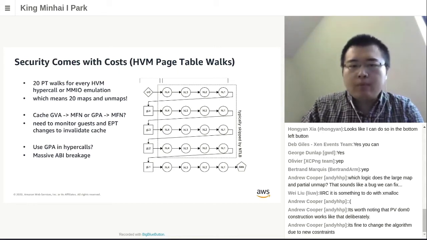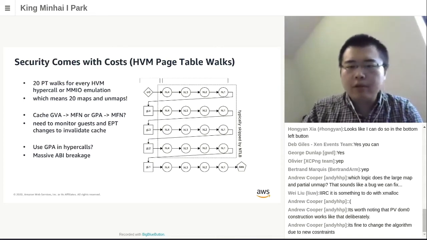So can we optimize this? The first idea that came to mind is, can we just cache the translations? We can. We can probably cache guest virtual to MFN, but then we somehow need to monitor guest and EPT changes to invalidate or update the cache. Probably some page table shadowing is needed. Or we can just cache the EPT, meaning guest physical address to MFN.